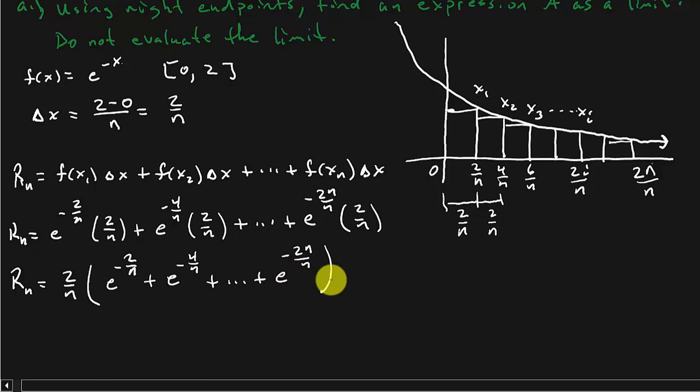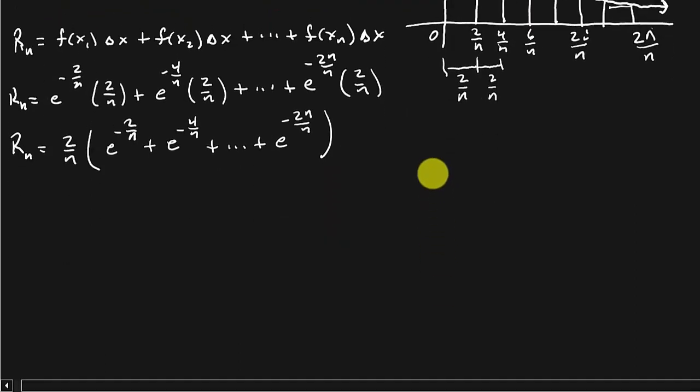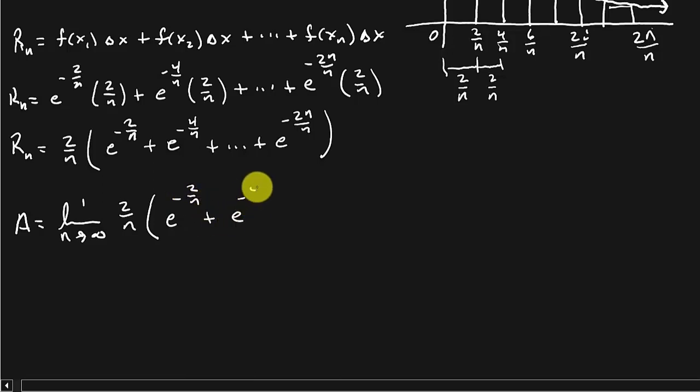Right. And now I think we're ready to find the limit. All right, so the area is the limit as n goes to infinity of 2 over n times e to the negative 2 over n plus e to the negative 4 over n all the way to e to the negative 2n over n.